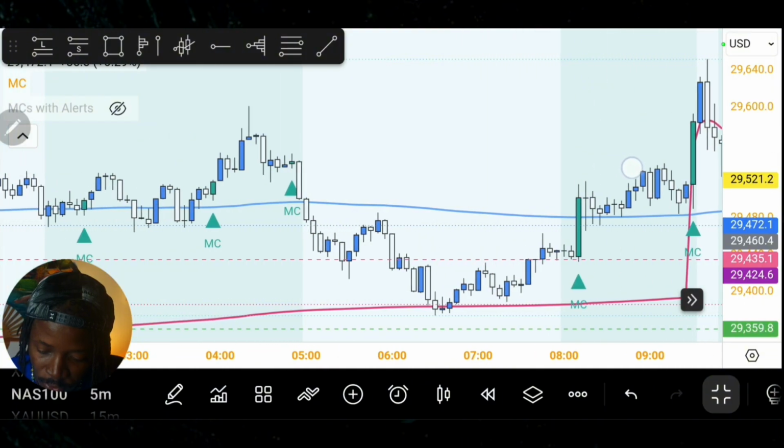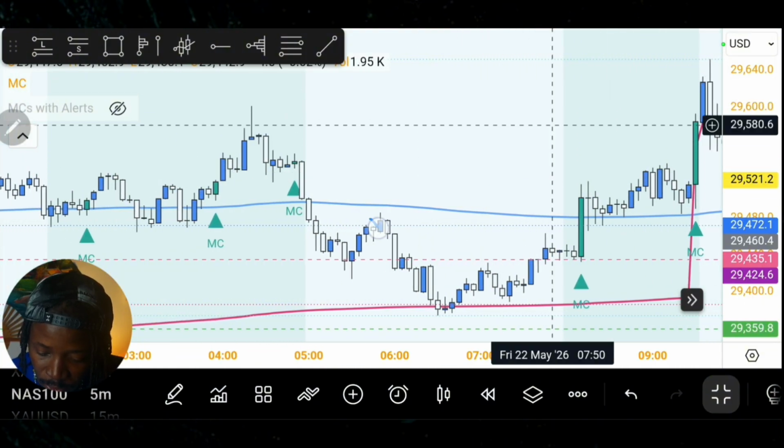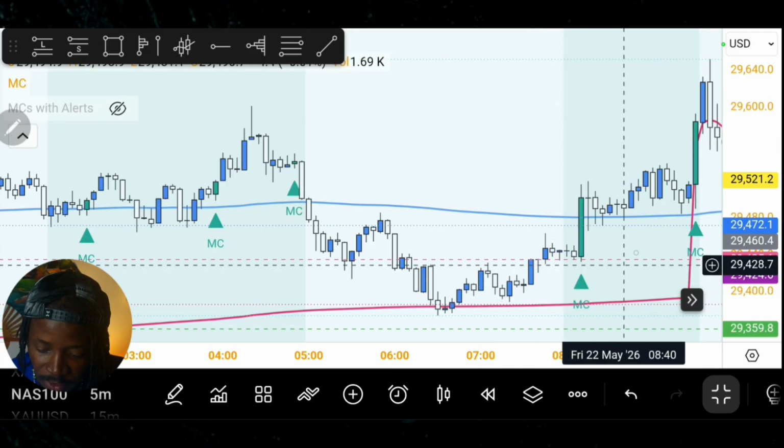So this is one here. You can see our price broke downwards, broke back up and gave us a good manipulation candle. The candle took out the low of the previous candle and took out the high, right? Now see what happened after that.